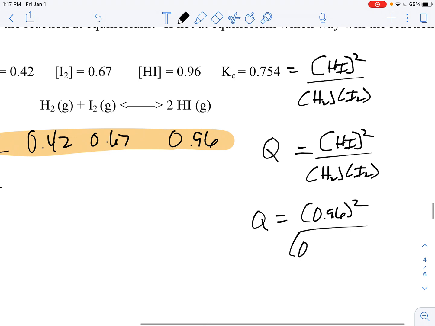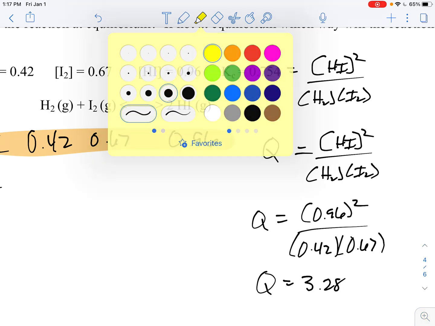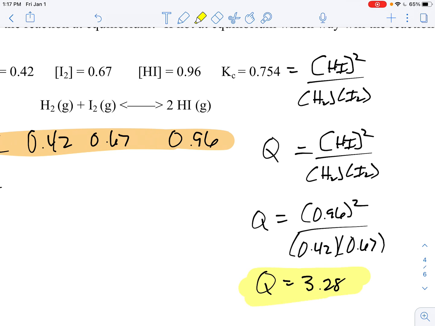So our Q is going to be 0.96 squared divided by the 0.42 and the 0.67. And when I get out my calculator and plug everything in, I get a Q value of 3.28.